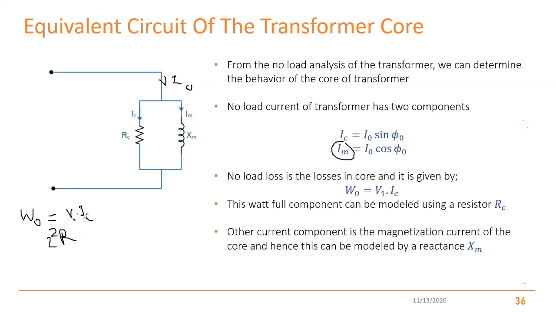W0 equals V1 into IC. Therefore we can substitute this parallel path with a resistor, because it is the path responsible for the power loss.